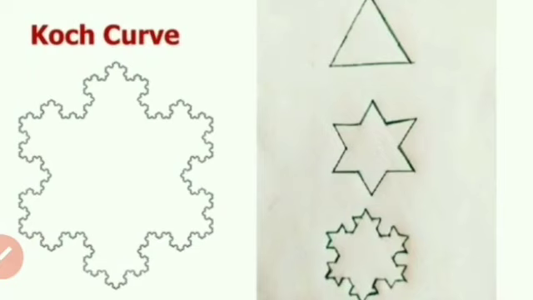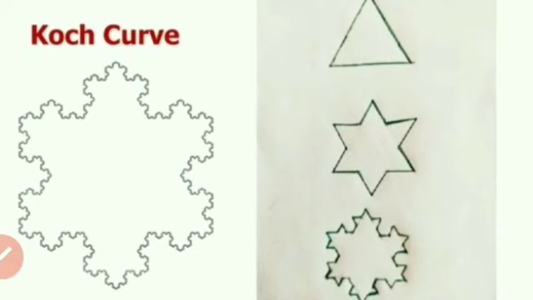The resultant curve has more wiggles, and its length is 16 by 9 times the original length. That is for the second approximation of the Koch curve.